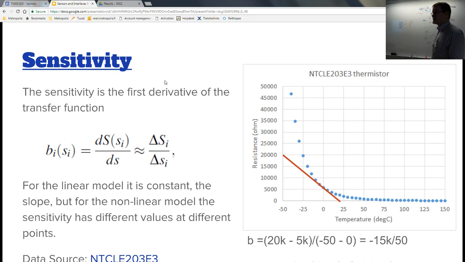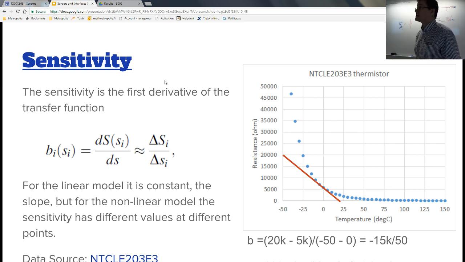Okay. Then this sensitivity is defined as the first derivative of the transfer function, meaning how big a change you will get on the output when the input changes some amount. And then there's some NTC thermistor, type 203E3.